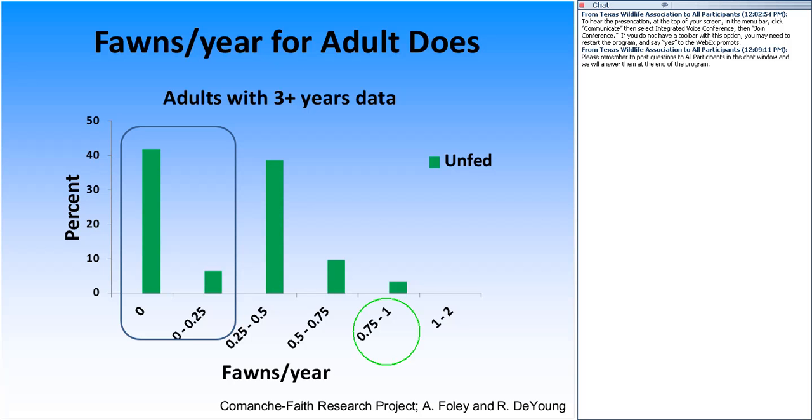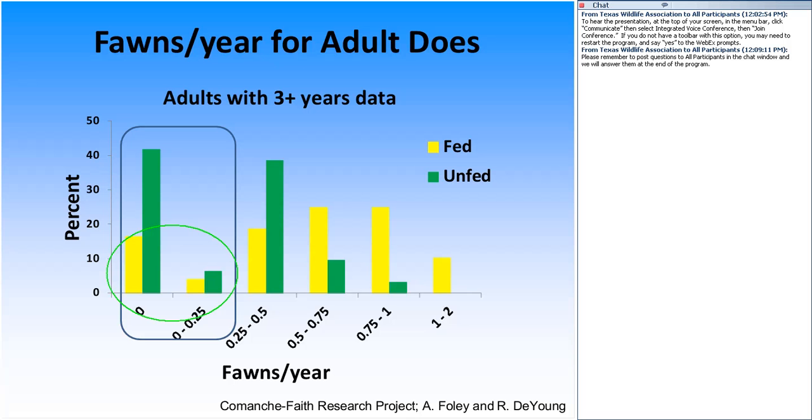So this is for the does that didn't have access to supplemental feed. Yellow shows the same type of data for does that had access to supplemental feed. So we've got a big improvement in the number of fawns per year that different does are raising. We still have about 20% of our does that appear to be very poor at recruiting fawns. Again, we never or rarely detected any fawns that they recruited.